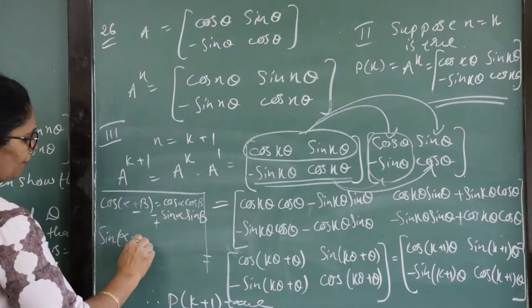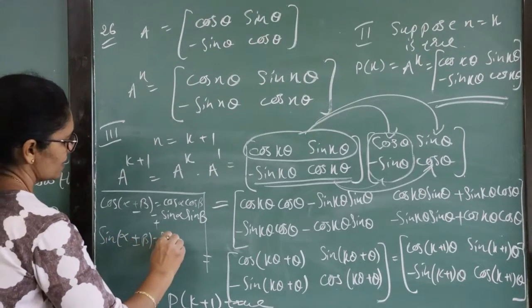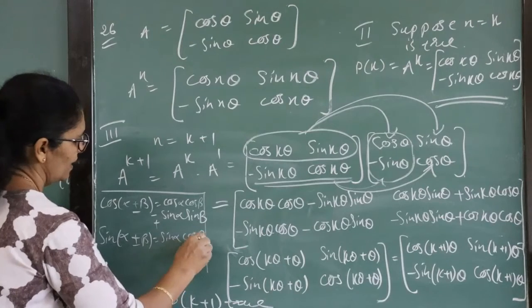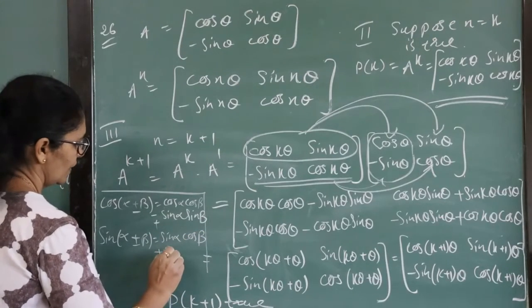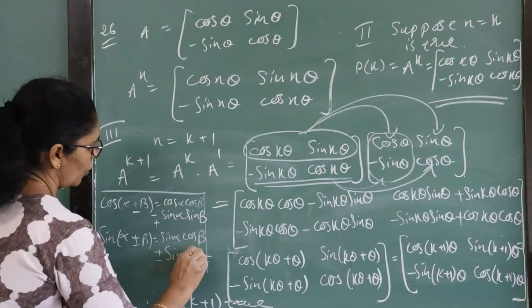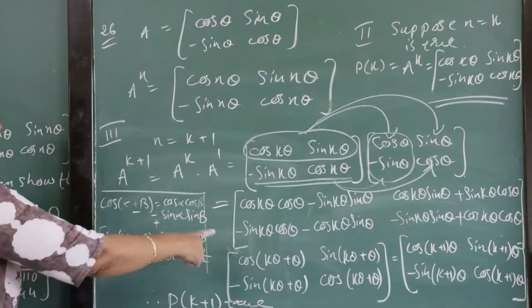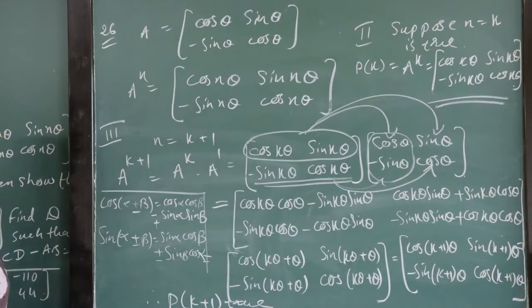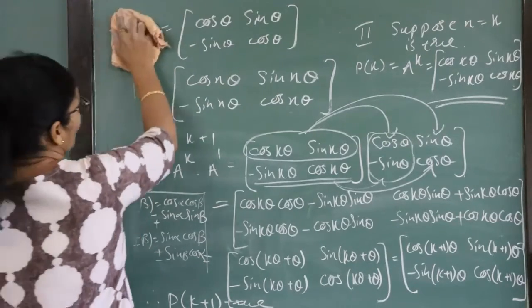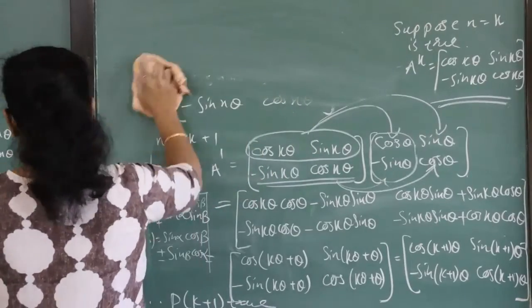In a similar way, sin alpha plus beta can be written as sin alpha cos beta, now the sign remains the same, sin beta cos alpha. This formula is also used here and you get your answer. Now this is your 26th question. Now we continue with the next.